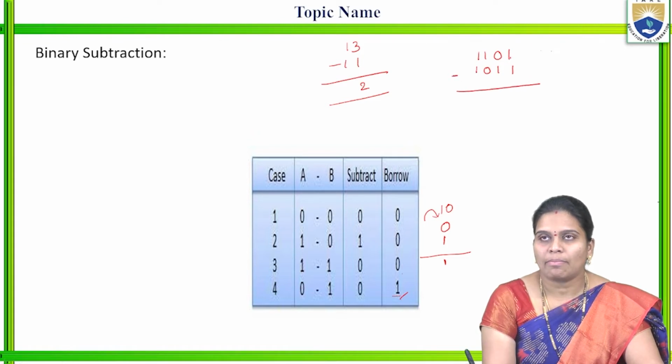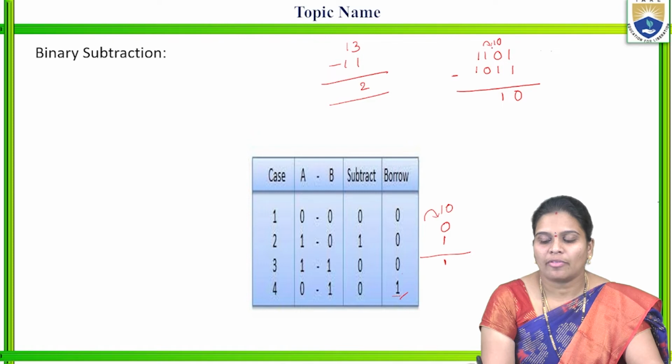So 1 minus 1 is 0. 0 minus 1 is not possible, so we take the borrow of the previous bit, which is 1, 0. So 1, 0 minus 1 is 1.